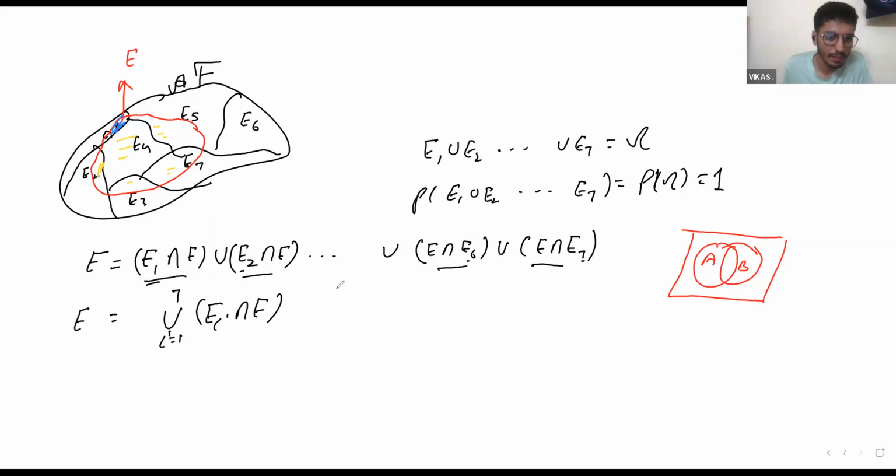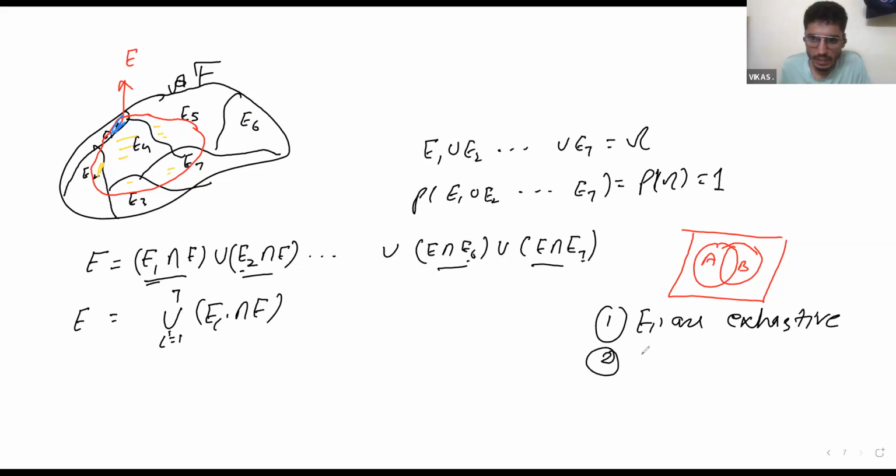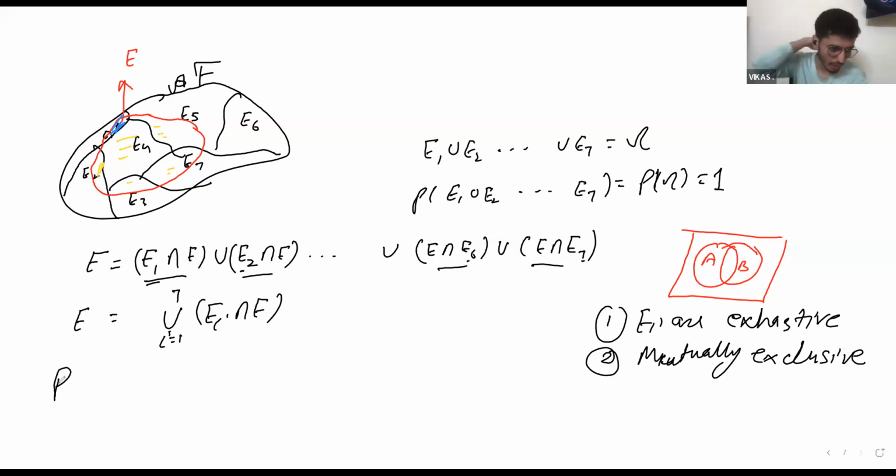So what is the condition? The E_i are exhaustive, and the second is mutually exclusive. Mutually exclusive just means they are disjoint. There are two kinds of disjoint: mutually disjoint and pairwise disjoint.